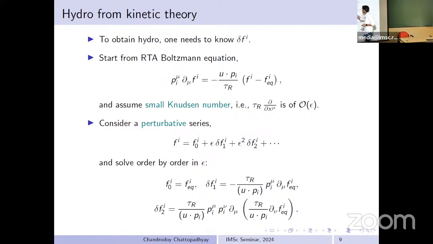P mu is energy times delta F, and this is also energy, so they cancel out. Then it reduces to del F by del T equals minus 1 by tau r times F minus F equilibrium. So in that simple case, we can at least get that notion.